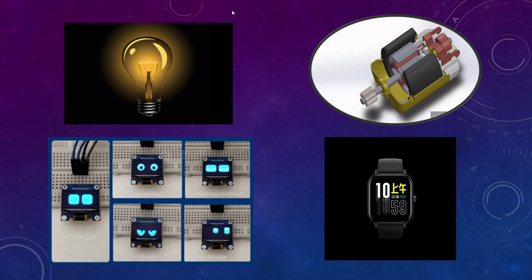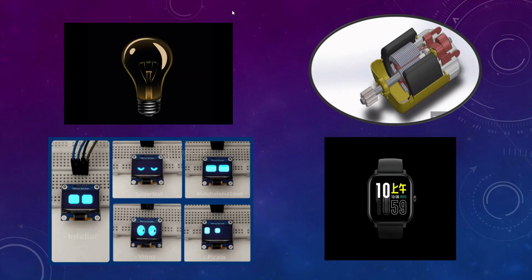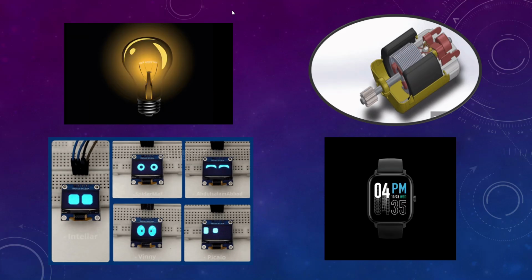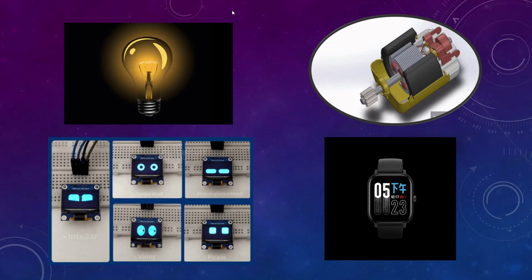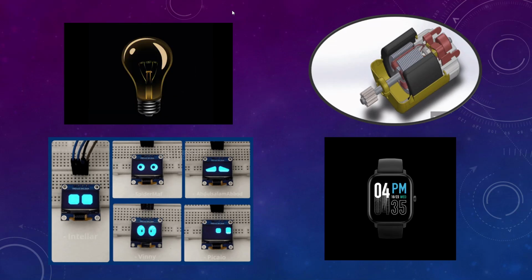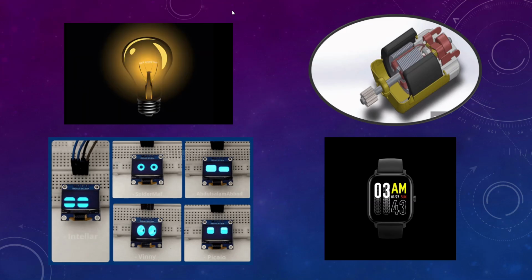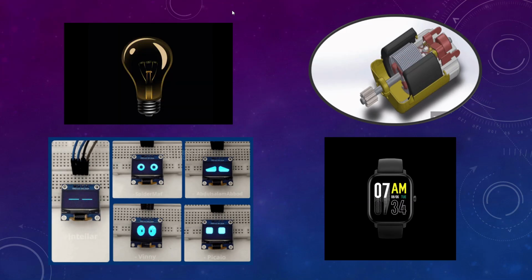That sensor continuously sends information. Now, something has to read that information, something has to compare it with the threshold values, something has to decide whether it's day or night, and finally, something has to switch the lamp on or off.